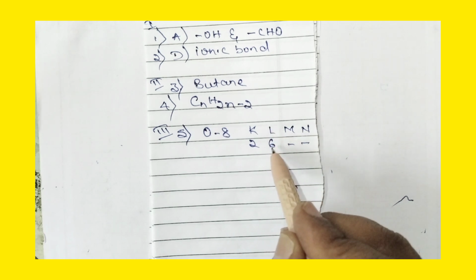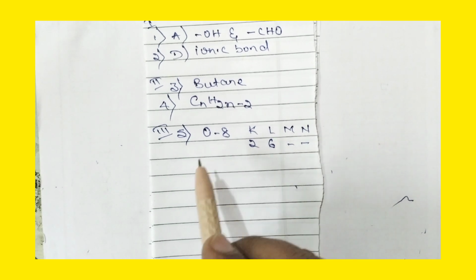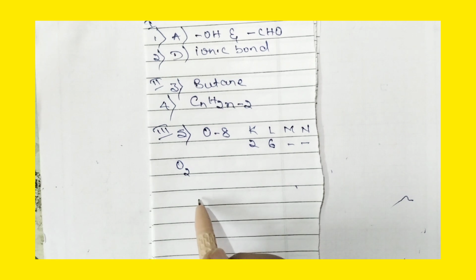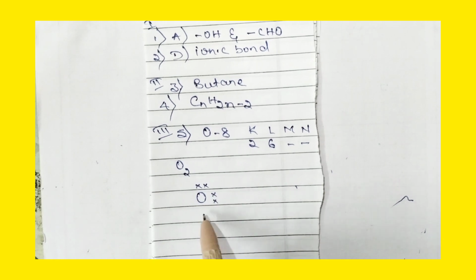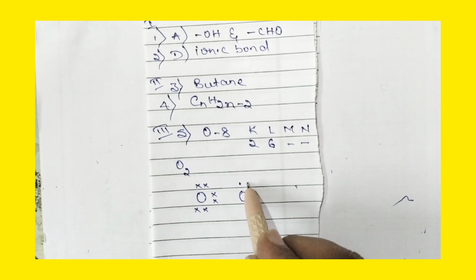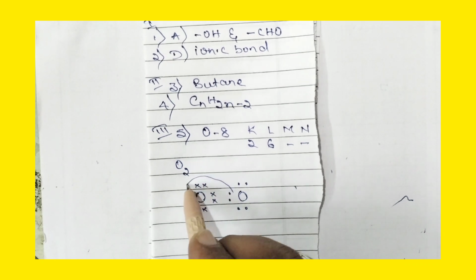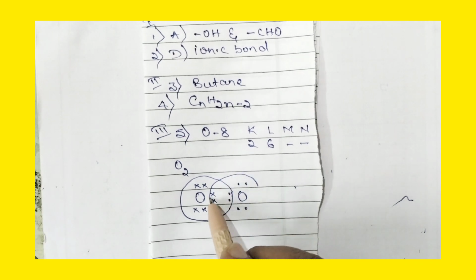To be completely filled it needs 2 more electrons. Therefore the oxygen atom shares 2 electrons with another oxygen atom. So oxygen is always written as O2. Oxygen has 6 electrons, and the other oxygen also has 6. This oxygen will share 2 electrons with this atom and this oxygen will share 2 electrons.